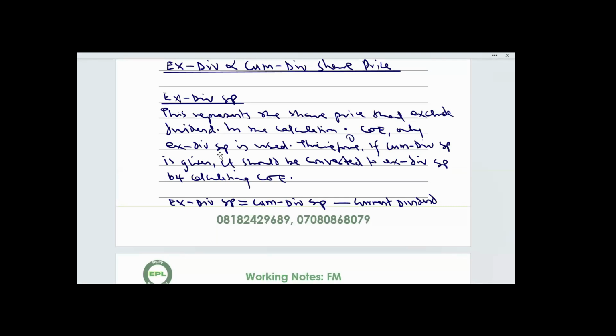So once the dividend has not been paid, the share price given to you is CumDiv share price, and you have to convert it to XDiv share price. So I just demonstrated how to convert CumDiv to XDiv share price.